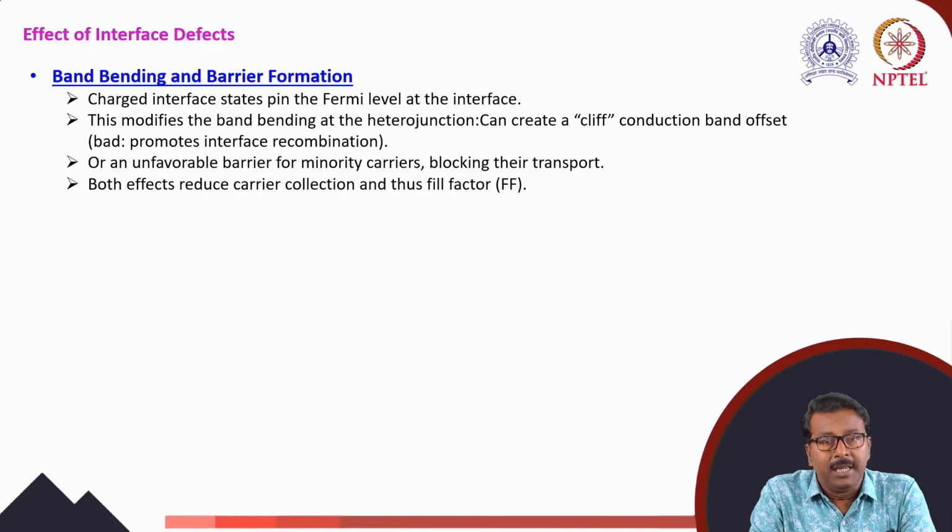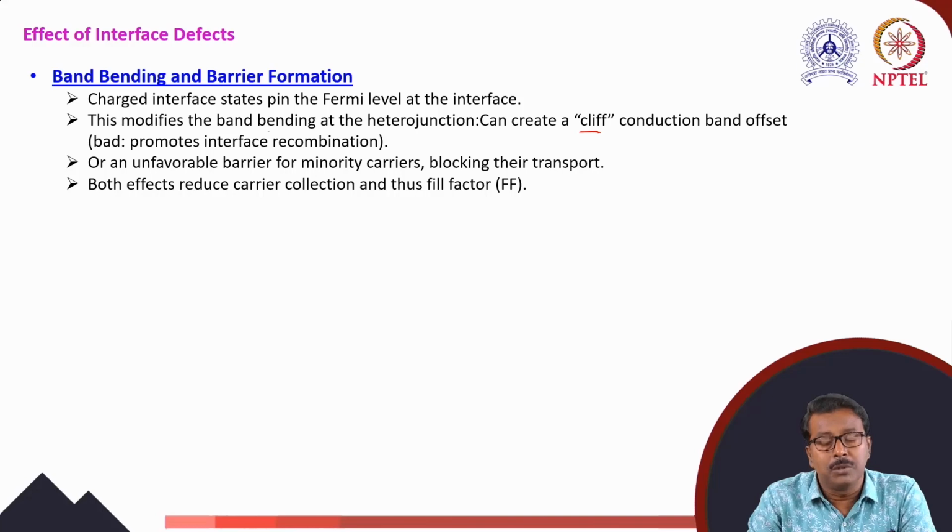It is called Fermi level pinning, and this basically modifies the band bending at the heterojunction, and that can create a cliff-type conduction band offset. And offset means a barrier from the conduction band on one side to the conduction band on the other side.